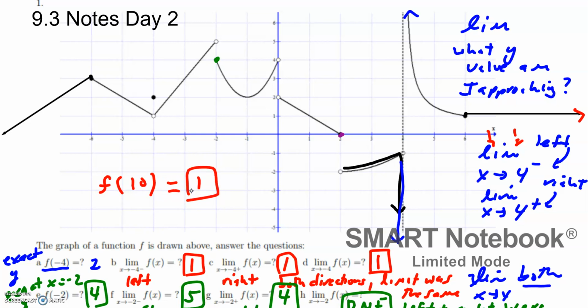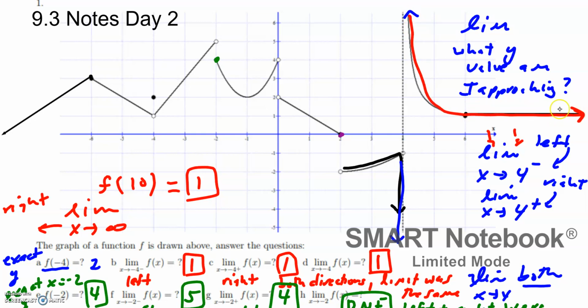Another something that you see that could be helpful is, what if I asked you what the limit is as x is going to positive infinity? So what this means is, as x goes to positive infinity, that really means as the graph is going to the right, what is the y value doing? So the graph, if you're going this direction, after this line is going to go downwards, and then it's going to continue forever in this direction.